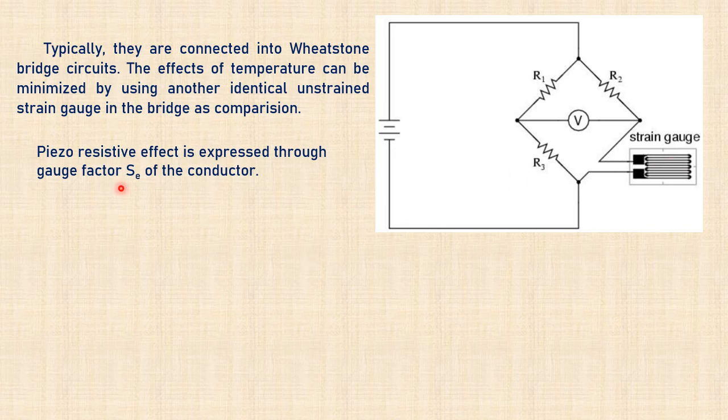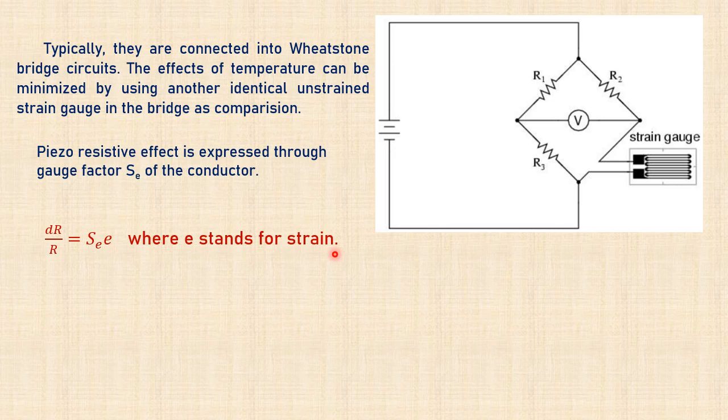And now this piezoresistive effect is expressed through something called gauge factor, SE, of this conductor. So we have a very important relation by which we can measure the strain. The change in resistance dR by R is equal to SE into small e. Small e stands for strain.